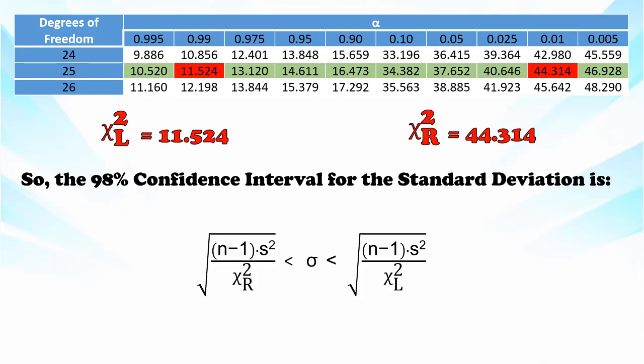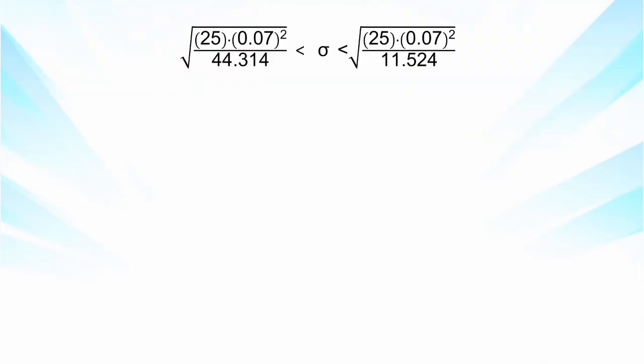And then we just found the chi-square R and the chi-square L values. So we've got the square root of 25 times 0.07 squared over 44.314. Remember, the 44.314 is our chi-square R value. Then on the right-hand side, notice that the numerators are completely the same in these fractions, and that's always the case.